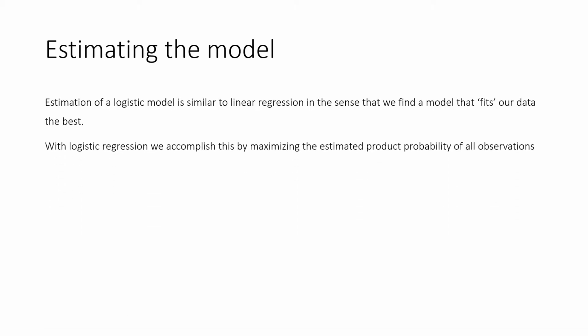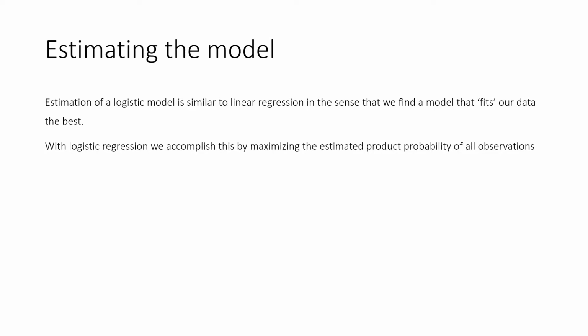Now remember, with logistic regression, we were estimating probabilities. So what we do with logistic regression is we accomplish the estimation of this model by choosing the values for the regression equation in such a way that the product of all the probabilities that it estimates is maximized. So in that case, the model would have the highest likelihood.